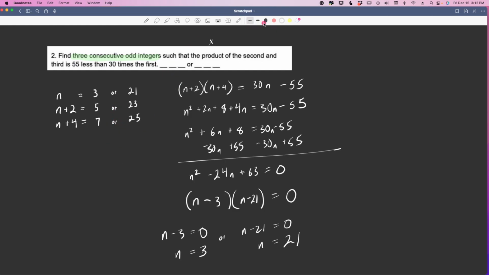So that would be 3, 5, 7, or 21, 23, 25. And that would be how you would solve that problem. You have to take both roots. And there you go. That was the last problem for the semester exam.